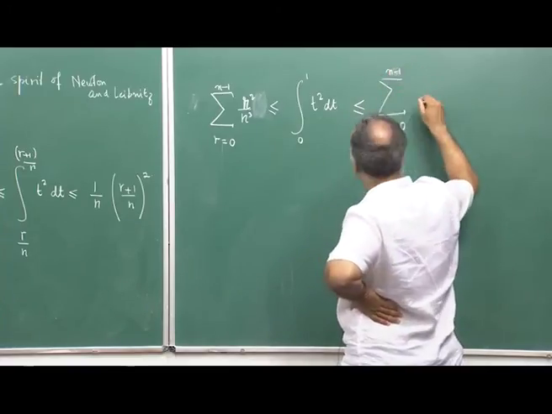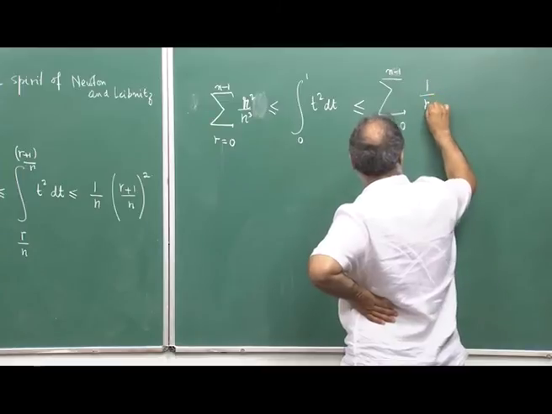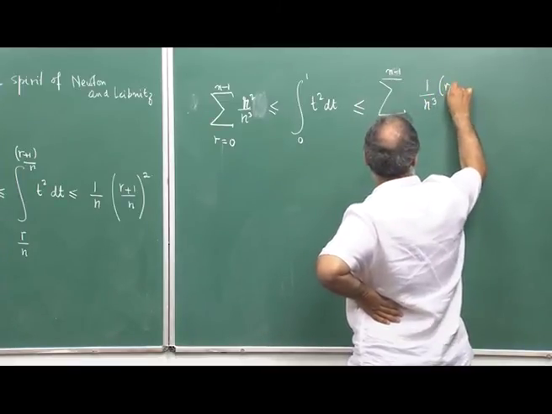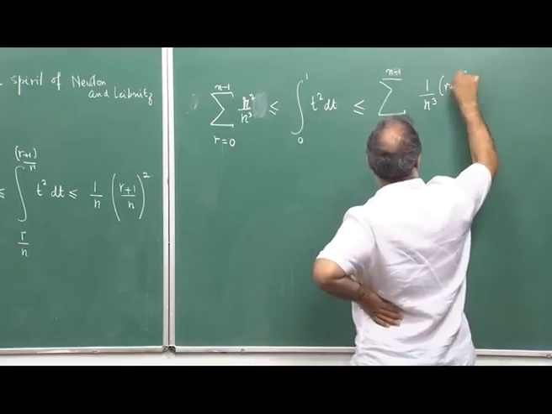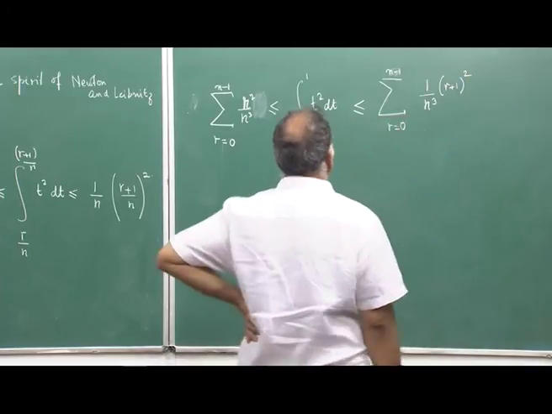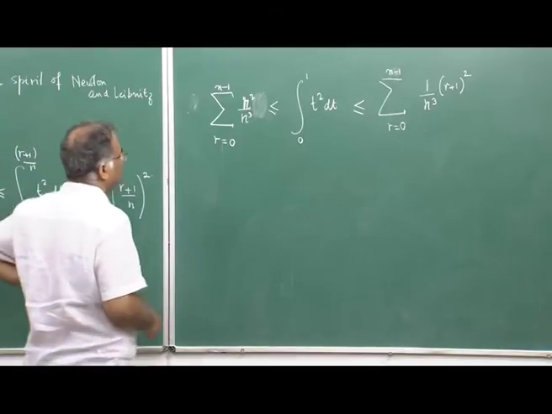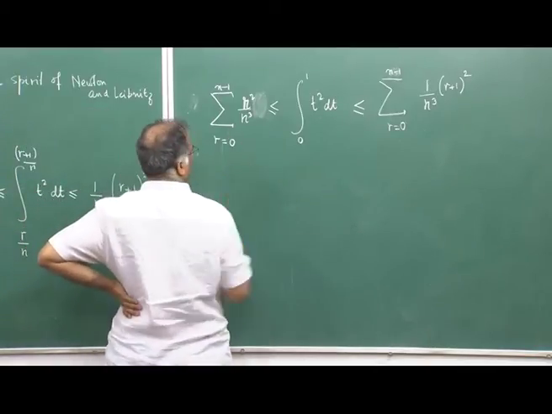So it will be 1 by n cube. So this is the summing. So, n is not the issue, n is fixed, so you are varying.